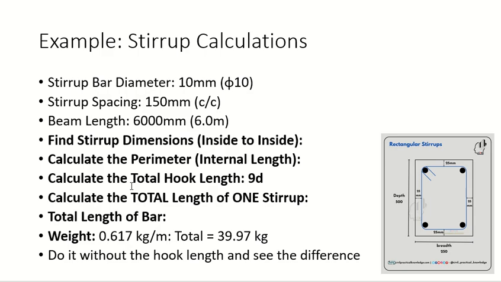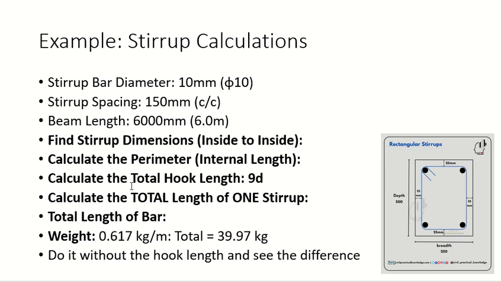So we have a stirrup, which one is a stirrup? The blue bar is a stirrup. The diameter of the blue bar or the stirrup is 10 millimeters, which can also be represented by 5, 10, so that means 10 millimeters. The spacing between the stirrups from one end to the other of the beam is 150 millimeters.